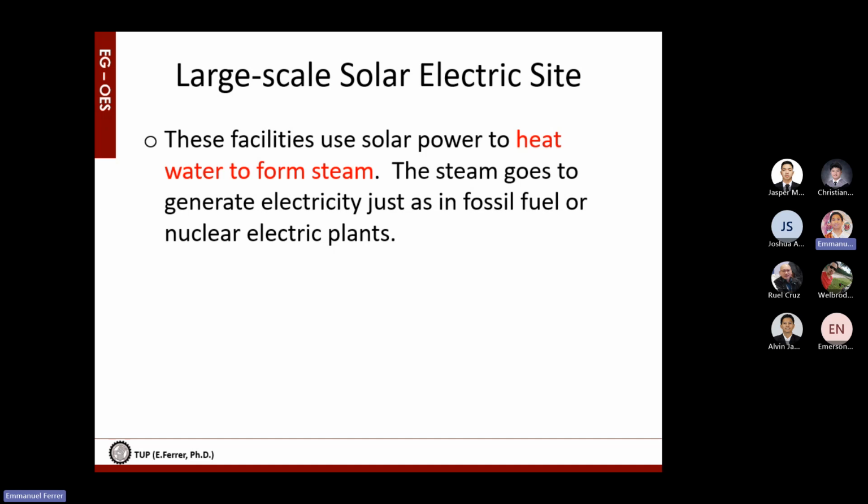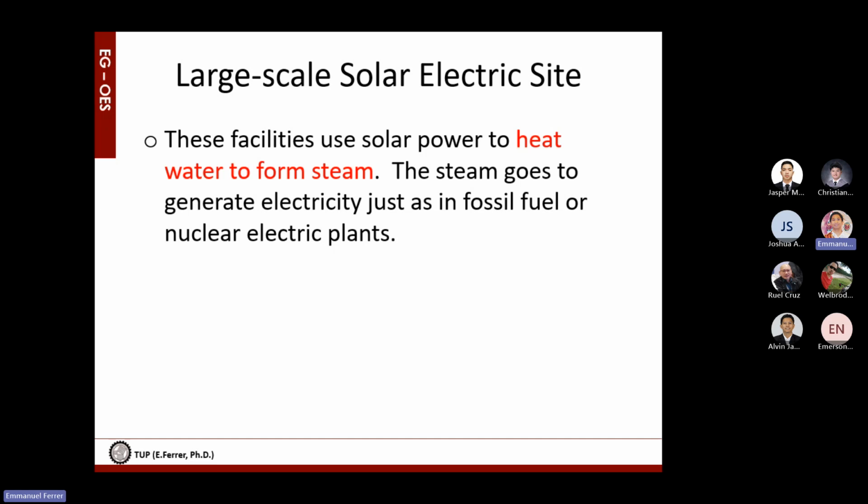So, for large scale solar electric site, so 'pag photovoltaic medyo straightforward ano, from light energy to electrical energy.